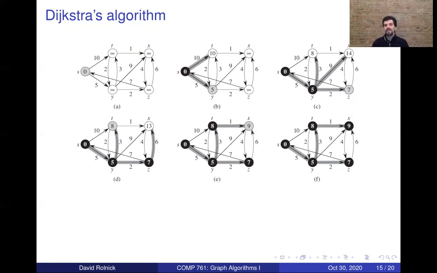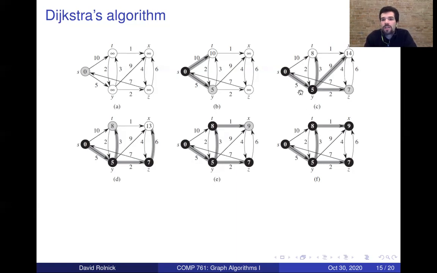So now, why do we know that 7 is the shortest distance here? Why do we know that this actually is a distance 7? Because everything else is larger.